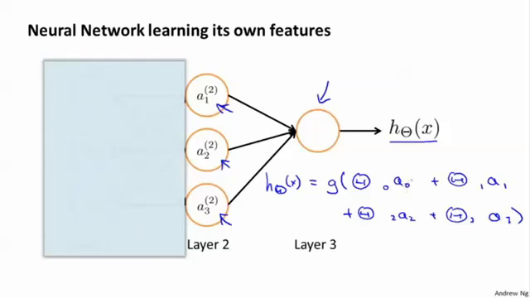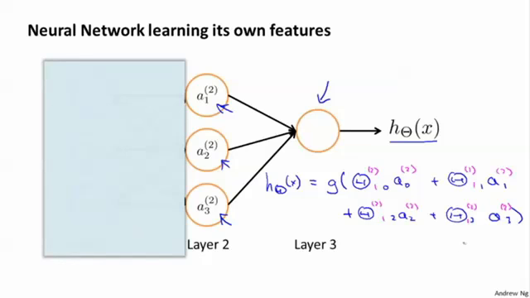Now, to be actually consistent with our earlier notation, I would need to fill in these superscript 2's everywhere. And I also have these indices 1 there because I have only one output unit.